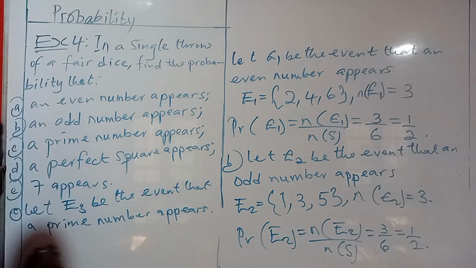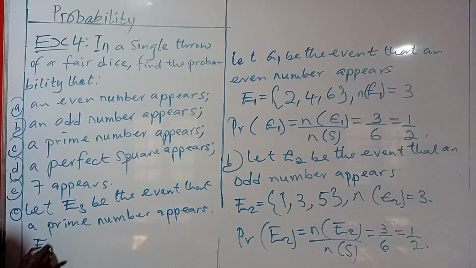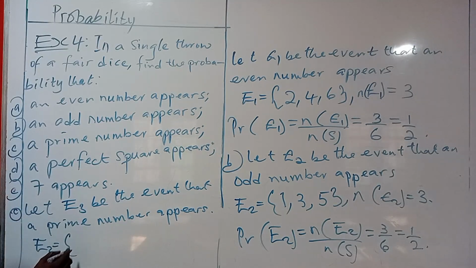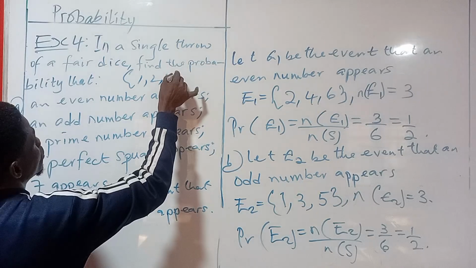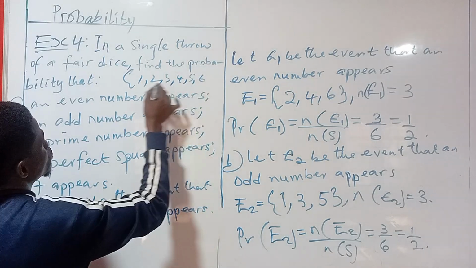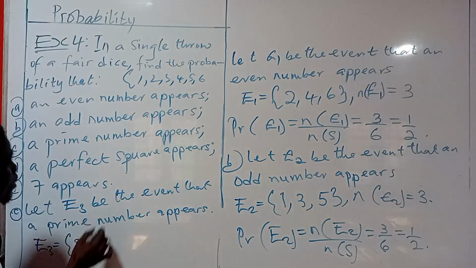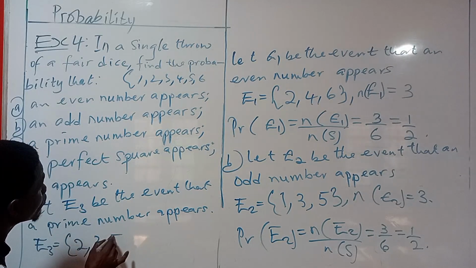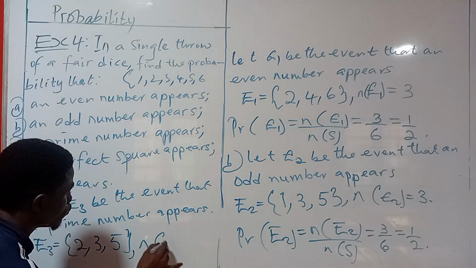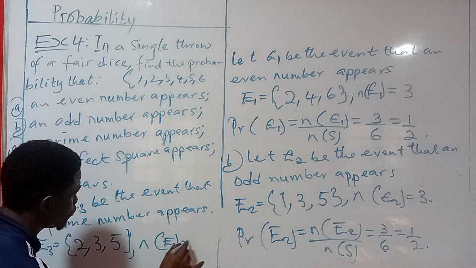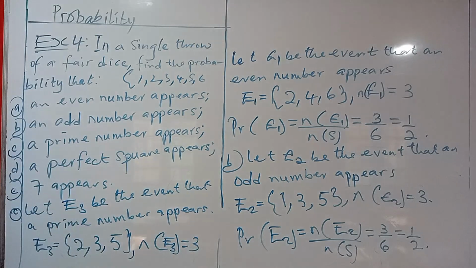So we have E3 equals a prime number. Now we have the numbers 1, 2, 3, 4, 5, 6. So 2 is a prime number, 3 is a prime number, and 5 is a prime number. Therefore, n of E3 gives us 3. That is the prime numbers appearing.